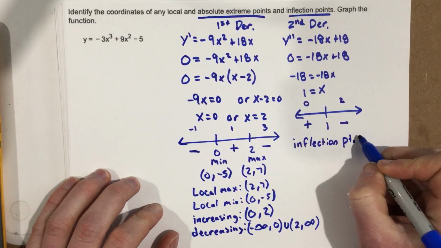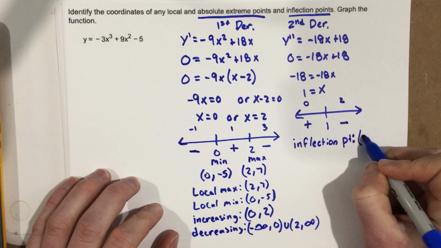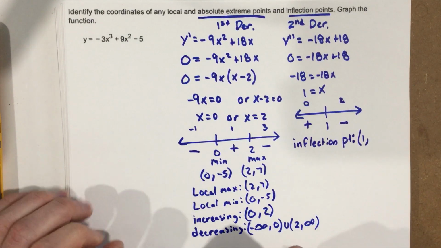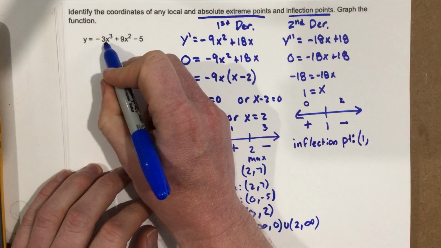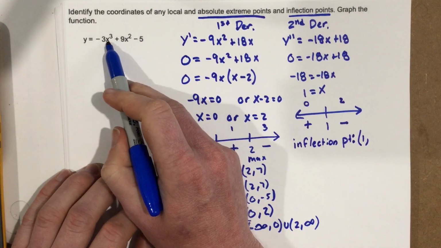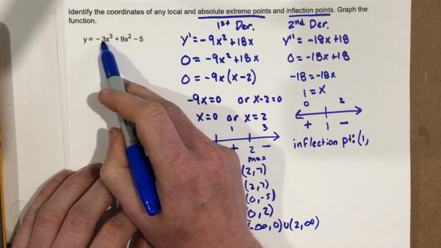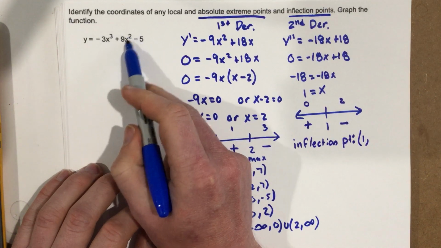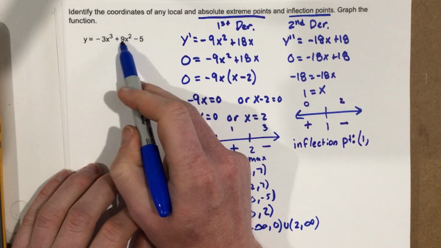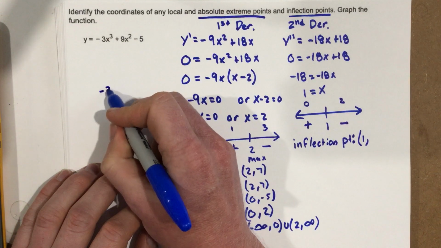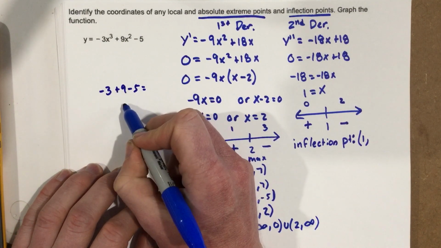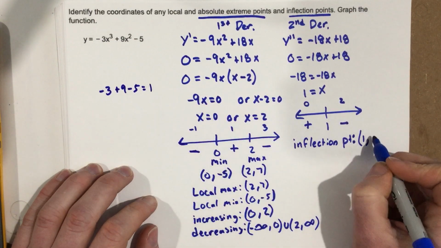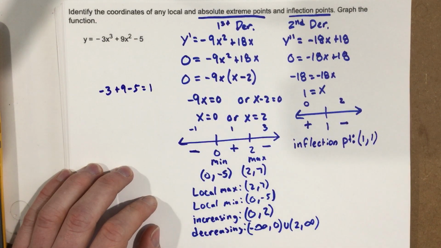And that inflection point is at 1 comma something. Well, let's plug 1 into the original equation. If I plug in 1, I get 1 cubed, which is 1, so I end up with just -3, plus 9 because 1 squared is 1. So I end up with -3 plus 9 minus 5. -3 plus 9 is 6, minus 5 is 1. So 1, 1 is an inflection point.